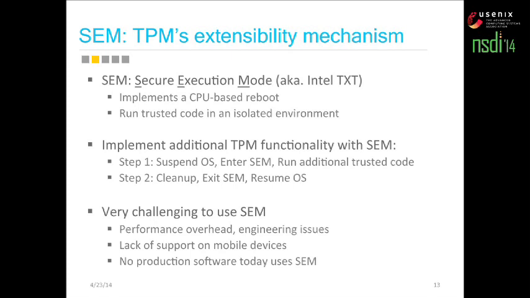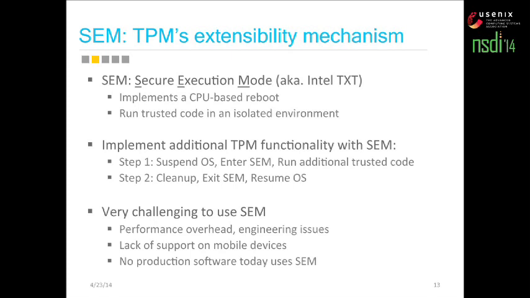First, it poses performance issues, as all the code, including the operating system and other applications, will be suspended. No progress can be made on the platform before the TPM code is finished. Also, as the operating system is suspended, the TPM code is running like on bare metal.